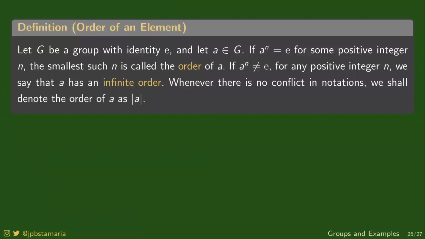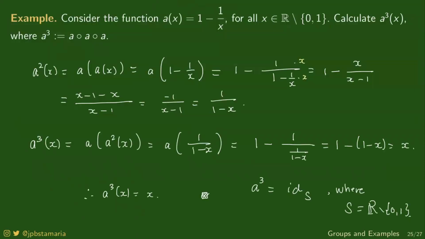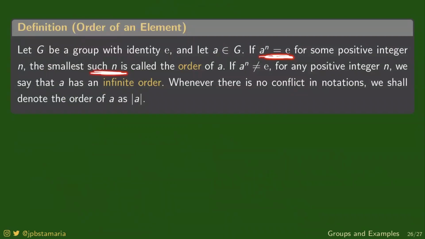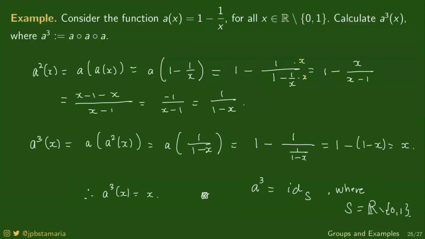If eventually yung A to the N bumalik sa identity, naging identity, kagaya na nangyari sa previous example, after 3 iterations, bumalik ka sa identity, no? Yan. The smallest positive integer n where this will happen, sabihin kung kailan babalik si A to the n sa E for the first time sa identity, you call that n as the order of the element A. Just like in the previous example, anong order ng A?